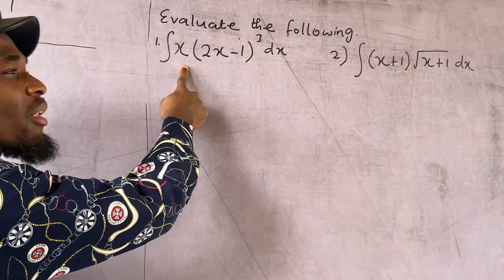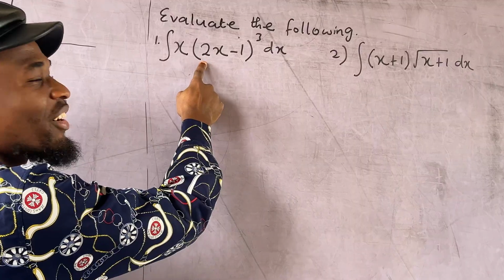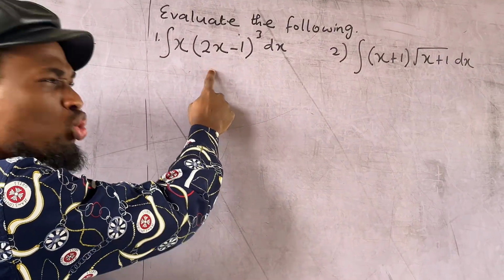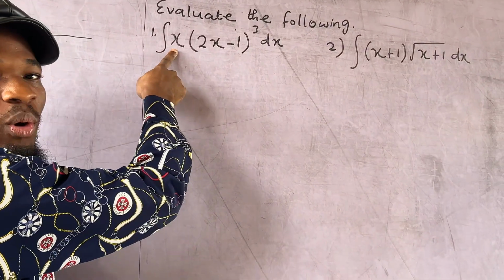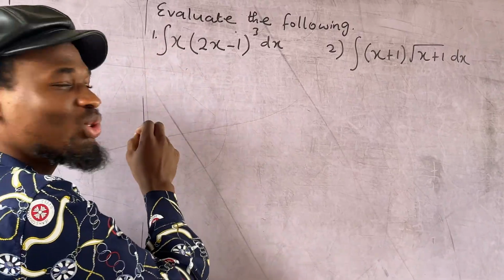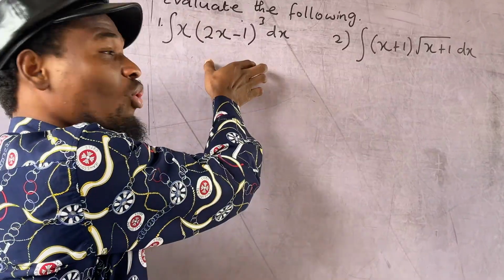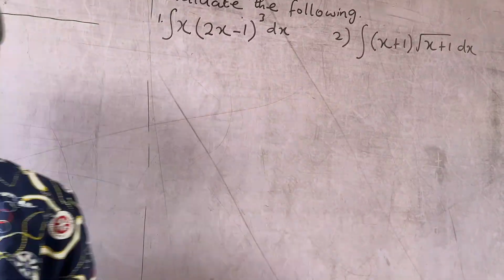Do you get it that way? But in case 3, let us see. 2x minus 1, when I differentiate 2x, I will get 2. But here, the coefficient is x. That alone should tell you that this isn't case 2. So let's see how we can go about such questions.